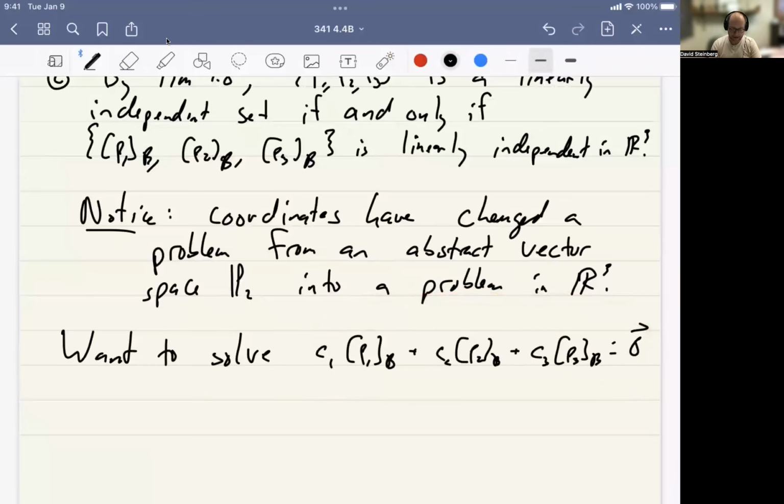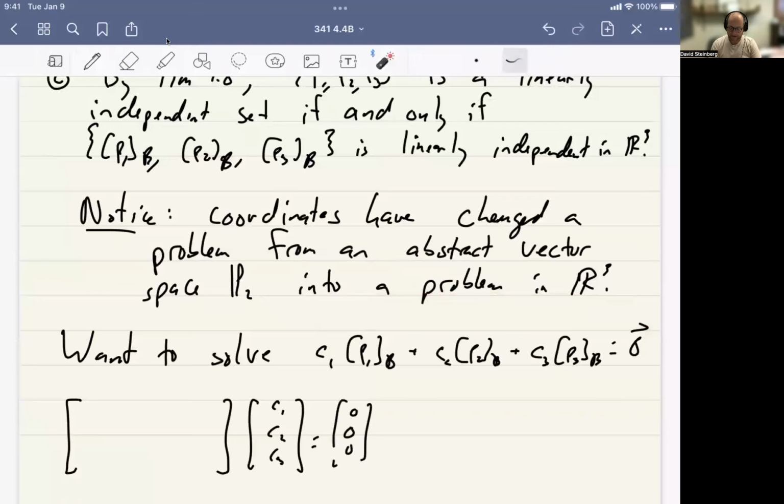And so what we need again is some matrix times C1, C2, C3 equal to 0, or really we can write the vector 0, 0, 0. And that matrix is going to come from [P1]B, [P2]B, [P3]B for its columns. So this is 1, 0, 1, 0, 1, negative 1, 2, 1, 3.